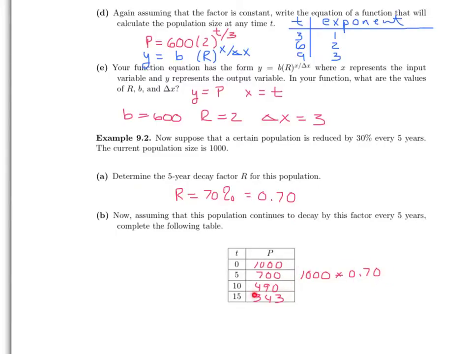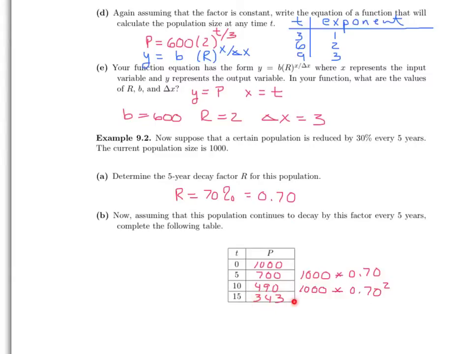To get the 490, we took the 700, in other words, we took this quantity, and we multiplied it by another 0.7. So really, we were taking 1,000 and multiplying it by 2 factors of 0.7.